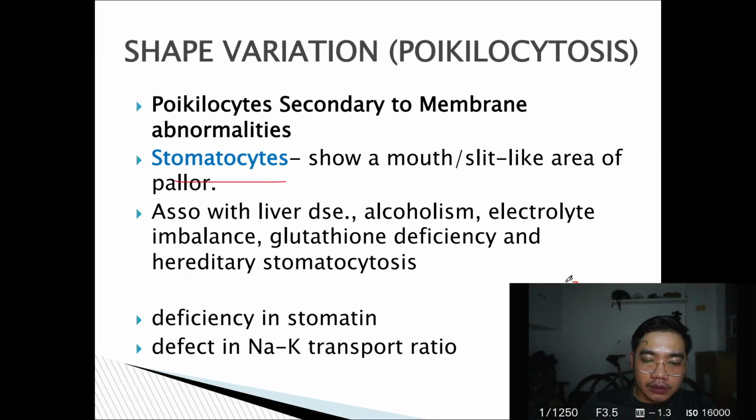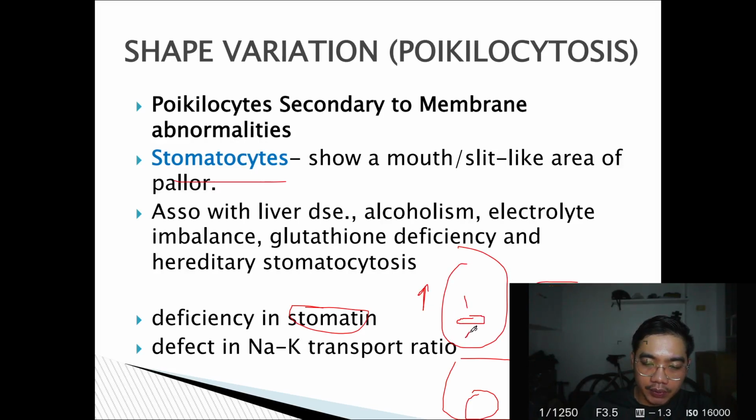So stomatocytes, the mouth-like ones. One of the funny, cute mnemonics that I have is stomato, the mouth, like eating a tomato. So this is due to the lack of stomatin, no? And this lack of stomatin tends to increase intracellular water content, pushing the central pallor to a slit-like space.